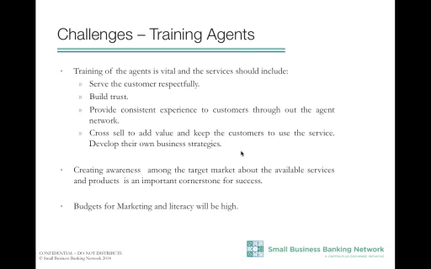So while scaling, you need to train your agents to make sure that they provide the right services. Trust is also one of the important things, and also you need to have proper budgets for marketing.